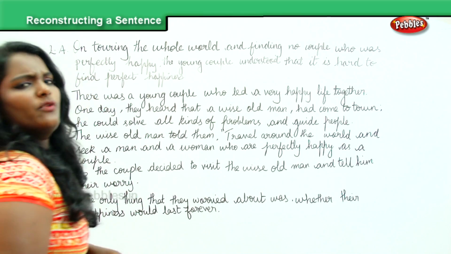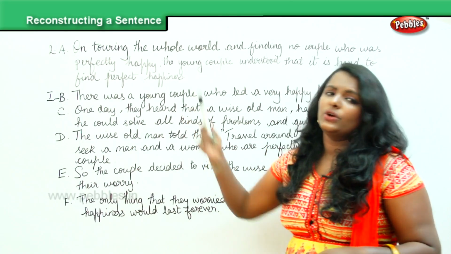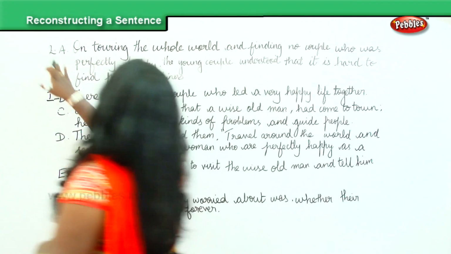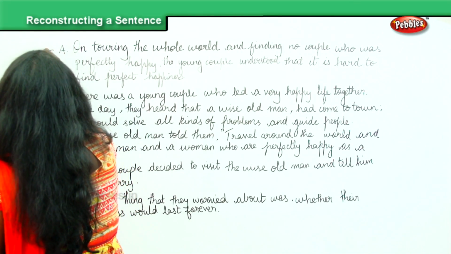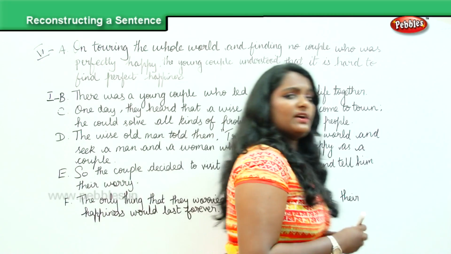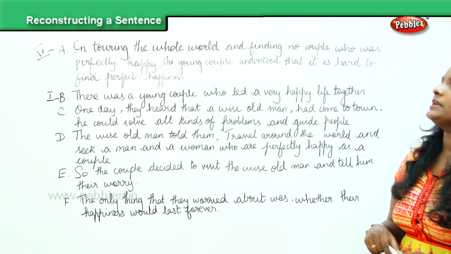And very prominent, I think after reading all the 6 sentences, your last sentence is evident, right? Your sentence A seems to be your 6th sentence. And how are you able to identify that? Because it is giving you a conclusion. Read the sentence and see.